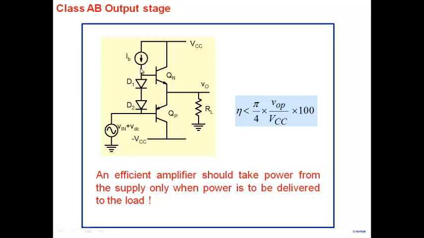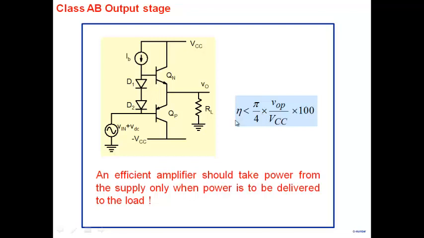Depending on at what current these are biased, one has to look at the biasing currents of QN and QP and these diodes here, and on that basis, then calculate how much is the loss compared to this upper limit here.